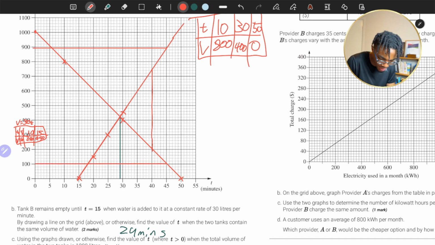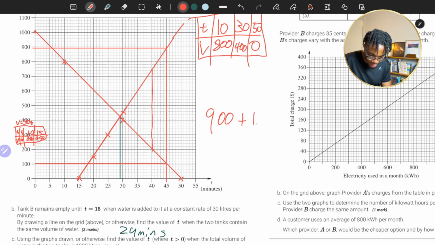Just trial and error. Here at t equals 45. Right. 900 plus 100 equals 1,000. Right. So we'll say use a graph or otherwise to find the value of t, where t is greater than 0, and that is at time 45. Right, minutes.